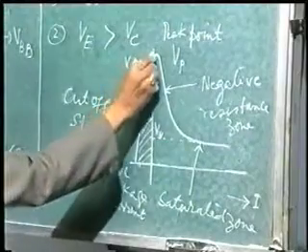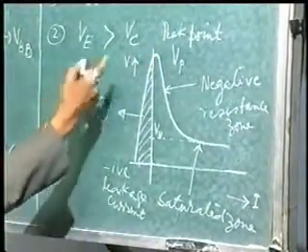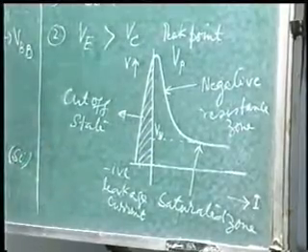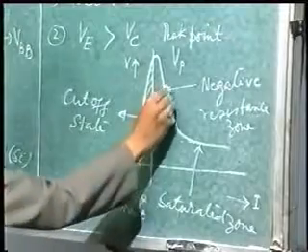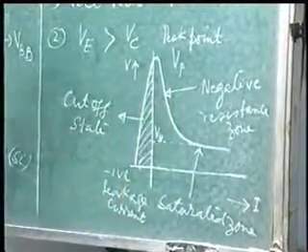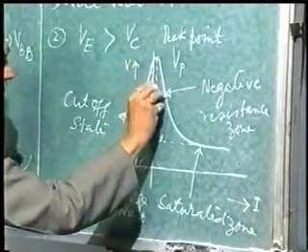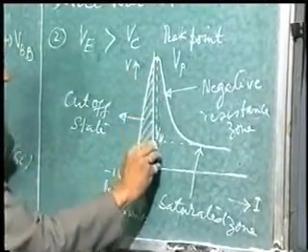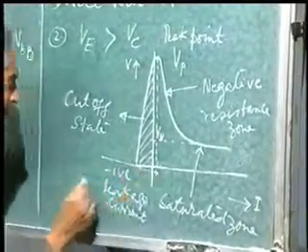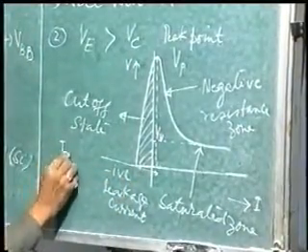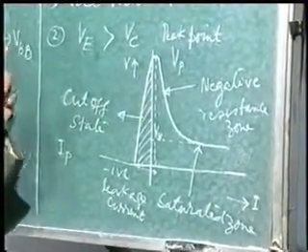Number two, it starts conducting at this point which is known as peak point, corresponding voltage is peak point voltage, but it conducts in a negative resistance fashion, and this zone is known as negative resistance zone. And of course the corresponding current, although this is very very small, is known as peak point current. Although the name is peak point, the value of the current is very small.